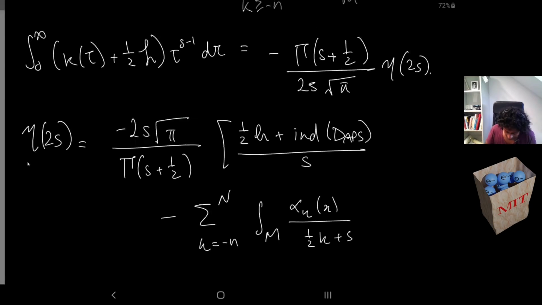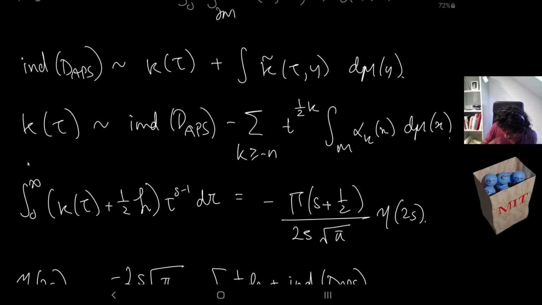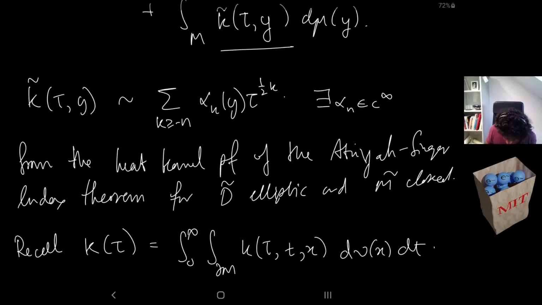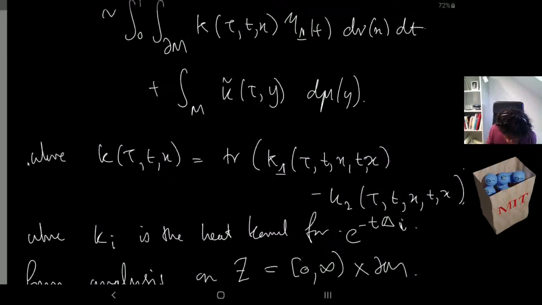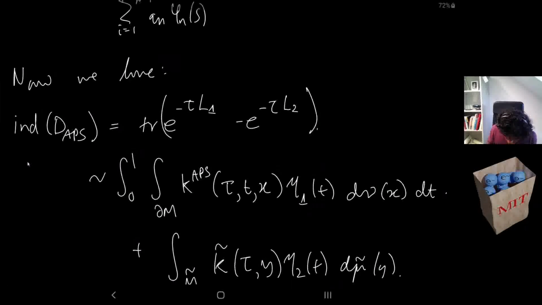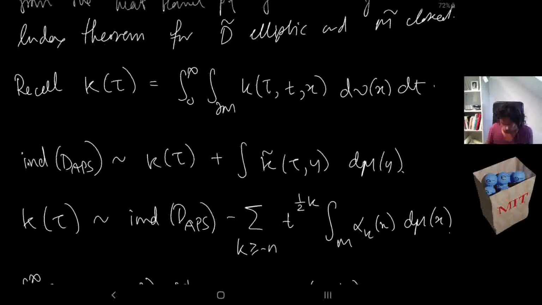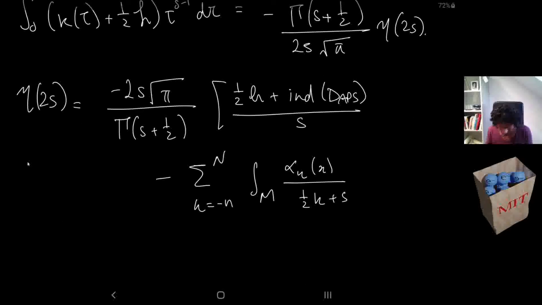So I should have said that this expansion is really, this is a fundamental thing I didn't say, as t tends to 0, so this is really as tau tends to 0. This asymptotic expansion is valid as tau tends to 0, because when we were talking about asymptotic things, we were talking about asymptotically as something tends to something.